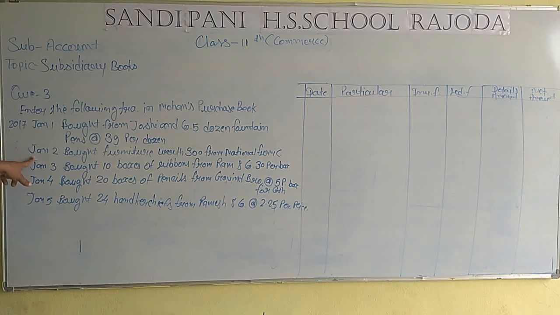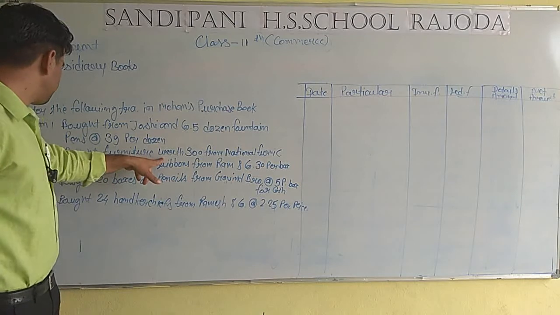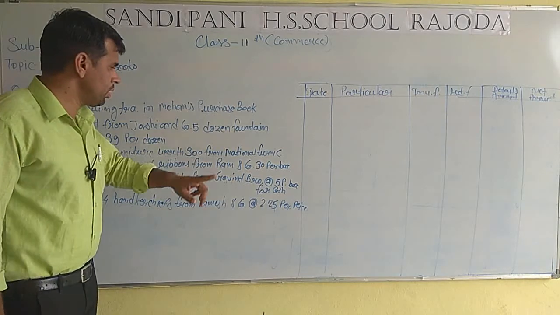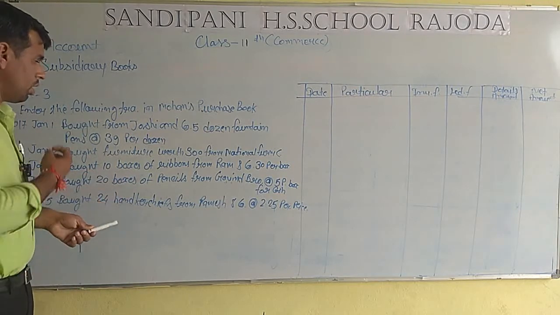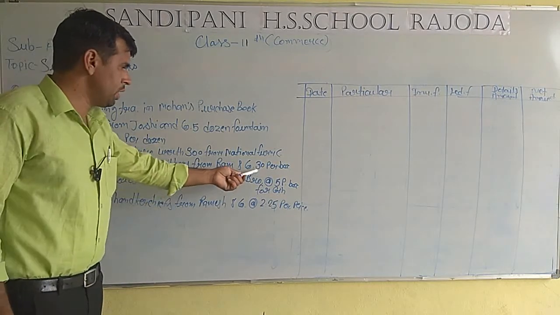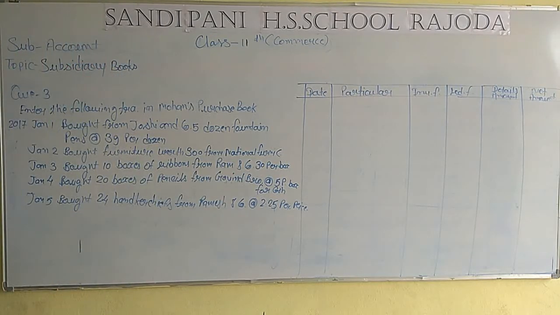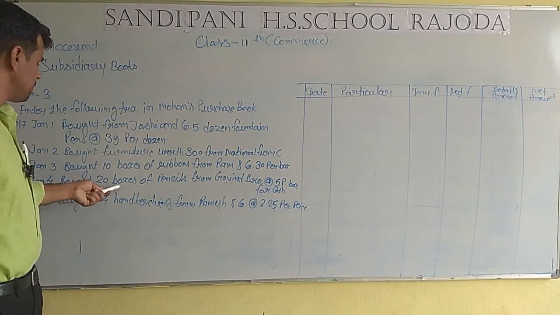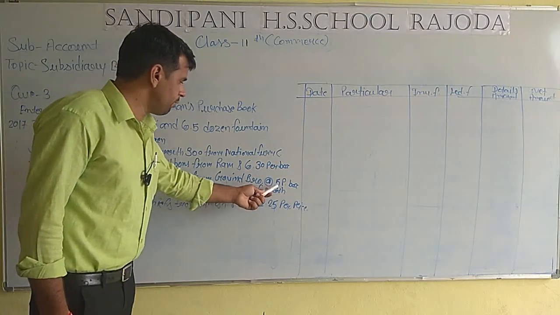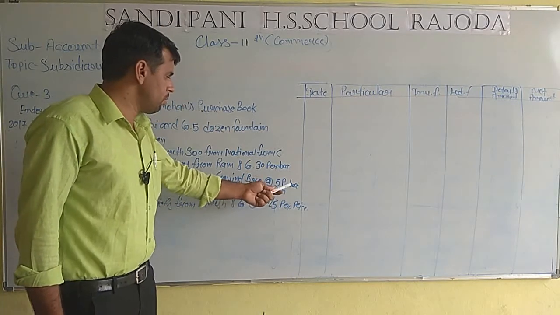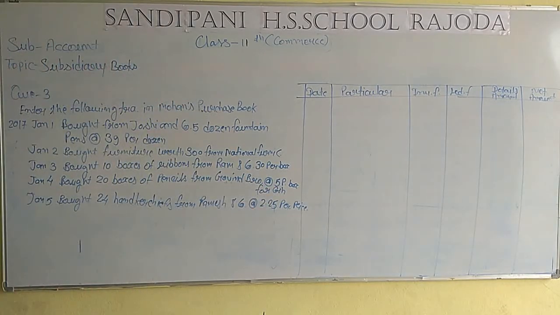Now second January, bought furniture worth rupees 300 from National Furniture Company. And 3rd January, bought 10 boxes of ribbon from Ram and Company, 30 per box. 4th January, bought 20 dozen boxes of pencils from Govind Brothers at the rate of 5 per box, for cash.